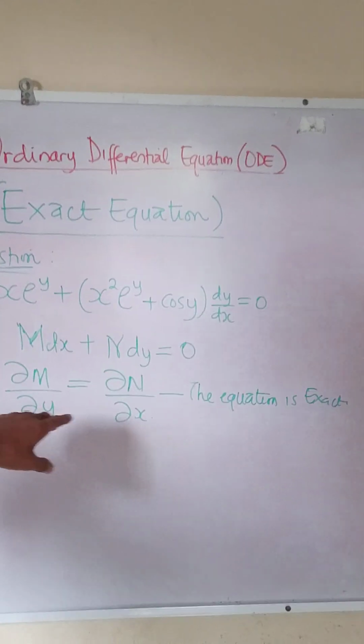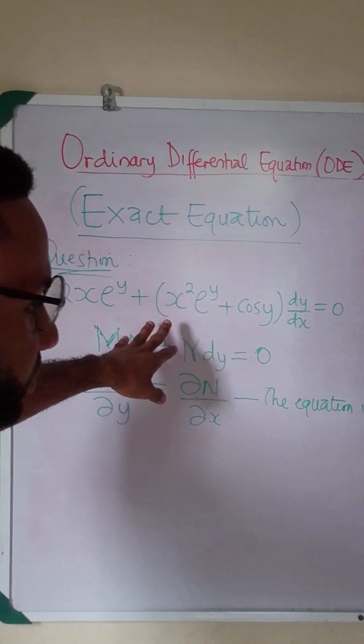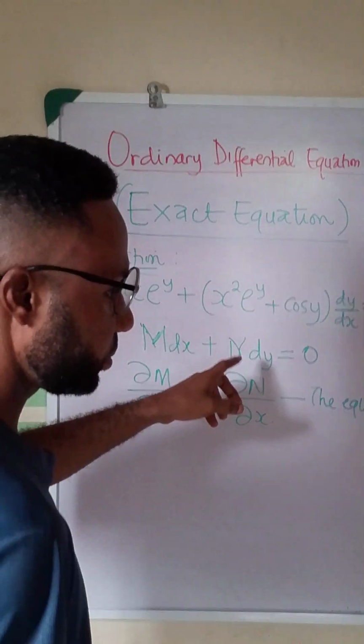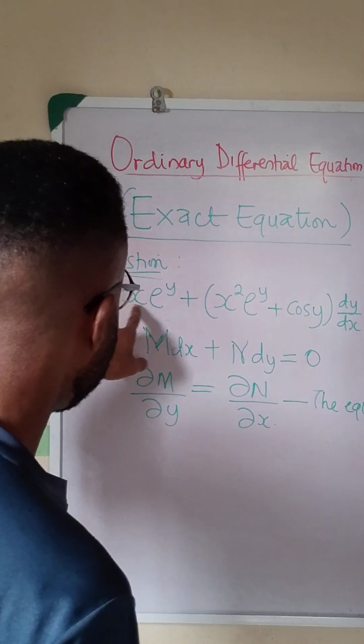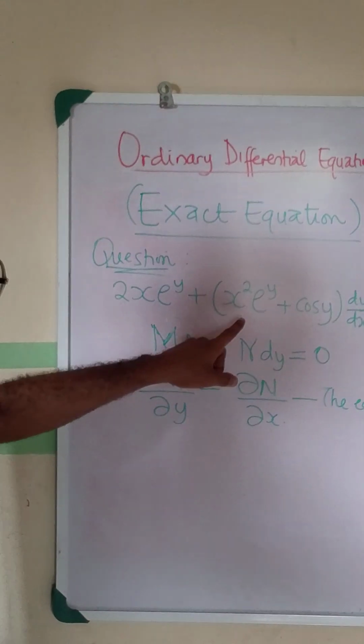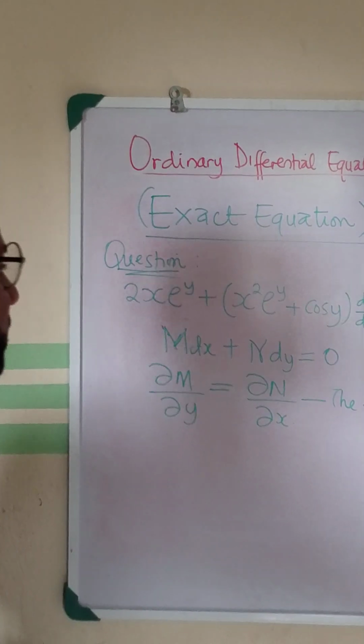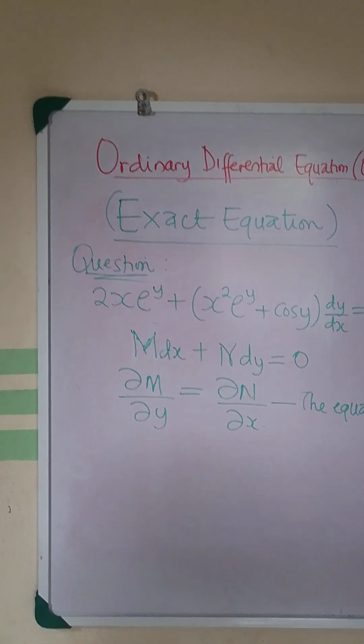Now, looking at this, we have 2x exponent y plus this equal to this. So the first thing we do is to cross multiply.